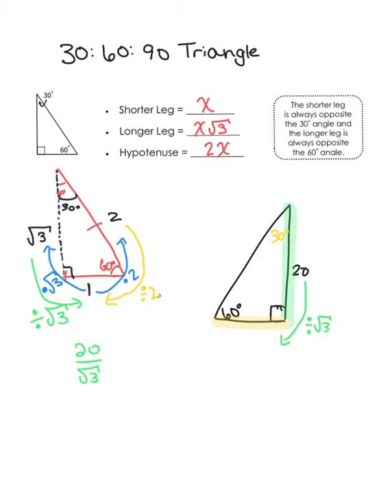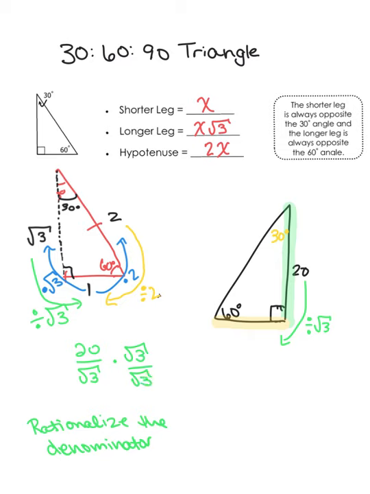Now remember, when it comes to radicals in the denominator, the math god said we can't do that, so I have to rationalize the denominator. When I rationalize the denominator, I'm going to multiply it by the square root of 3 over the square root of 3.